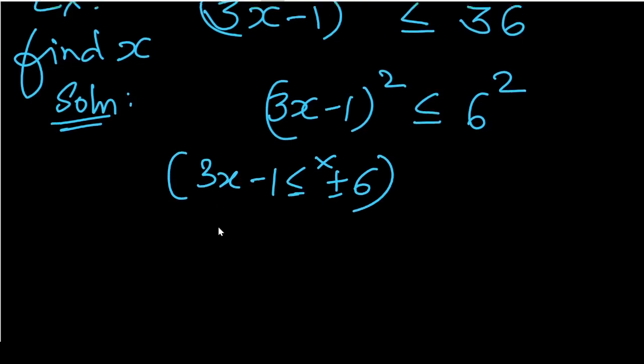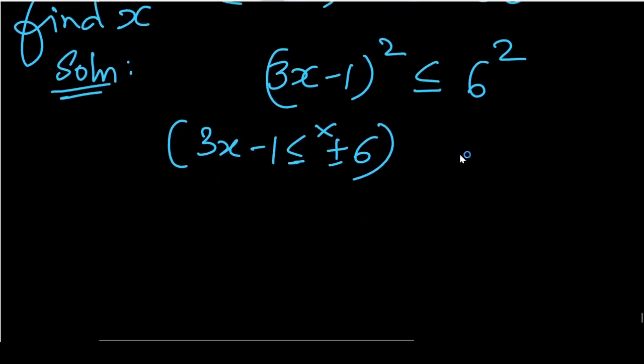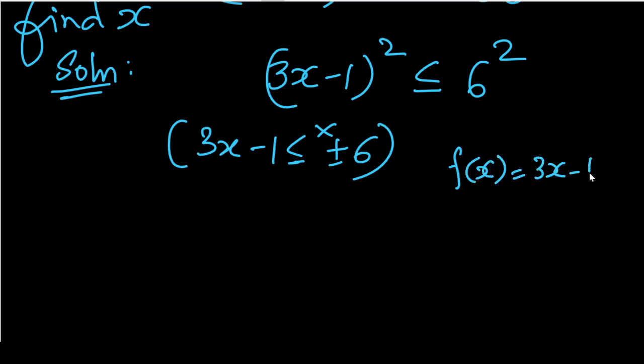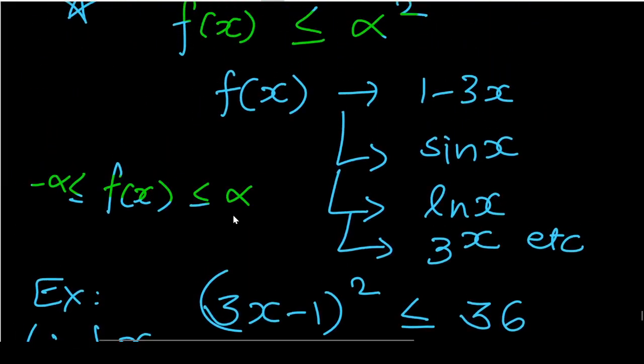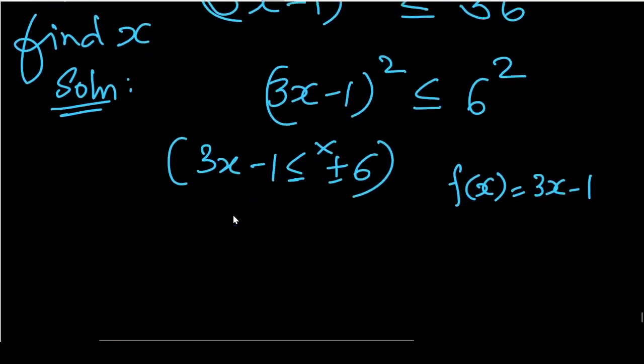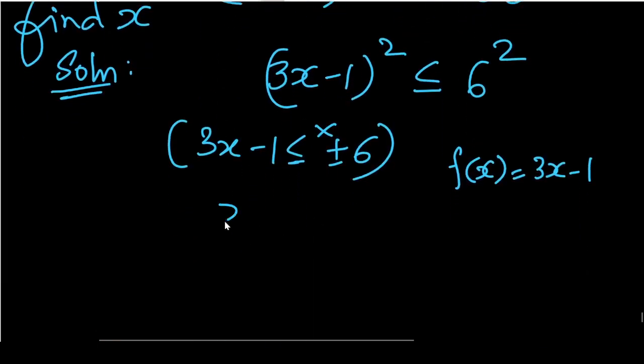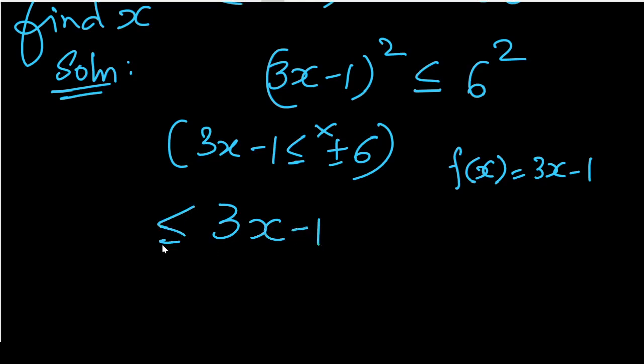So guys, this is f(x), so f(x) is here 3x minus 1, so it is not x, it is some f(x). Again the same formula can be used. Using this above, f(x) is also minus alpha to plus alpha, where f(x) is a linear function here, so 3x minus 1 lies between minus alpha, which is minus 6, to plus alpha, which is plus 6.